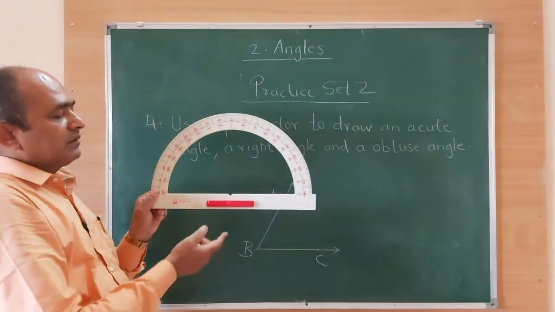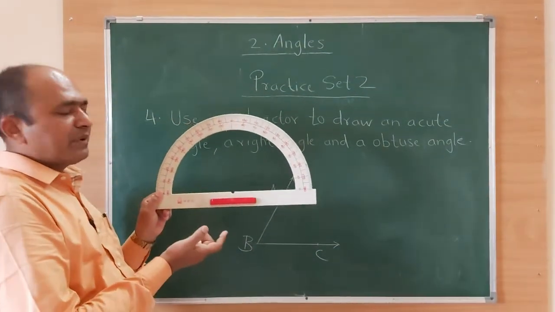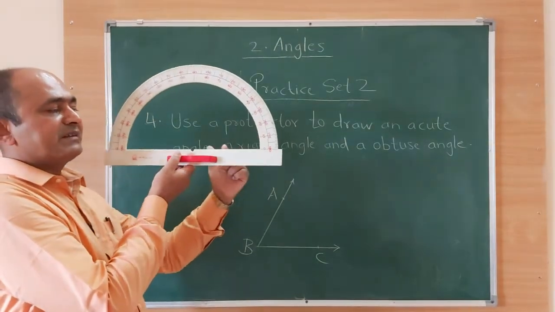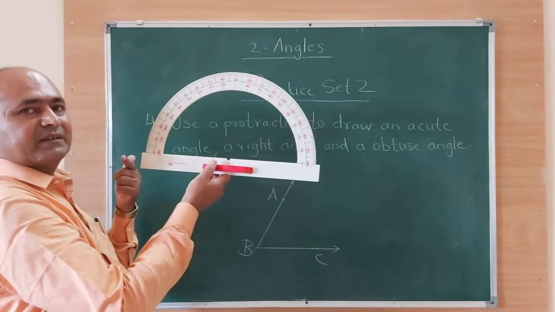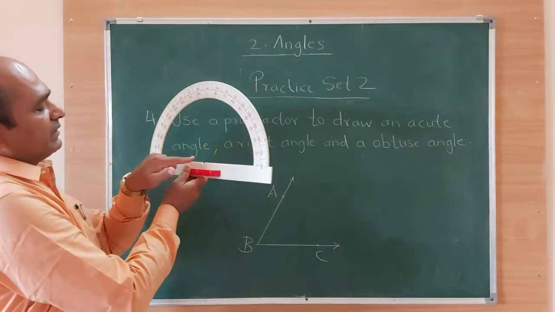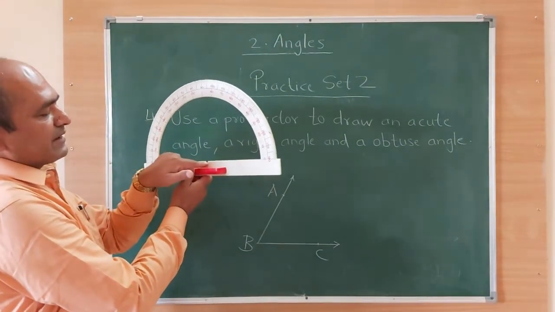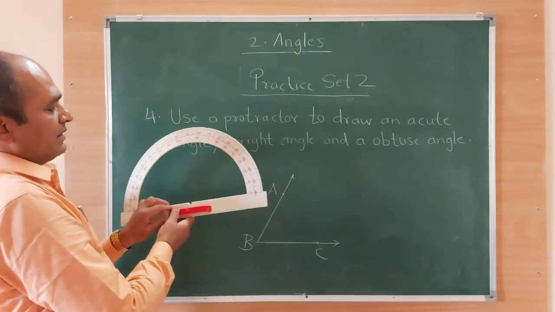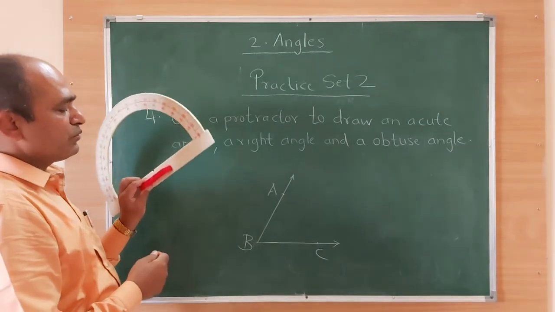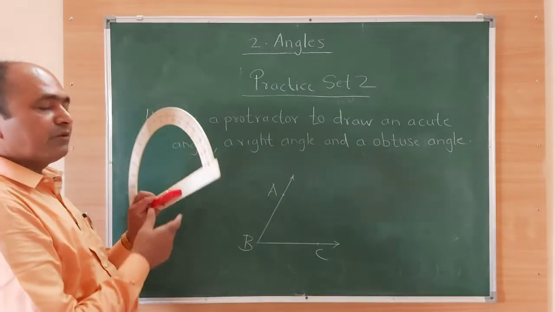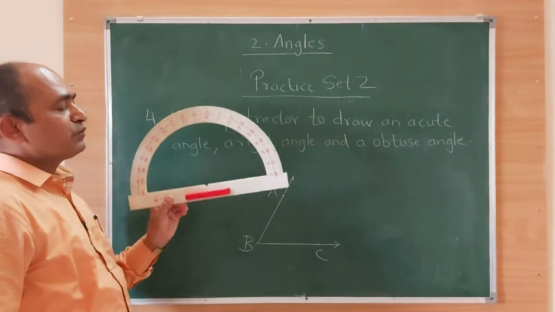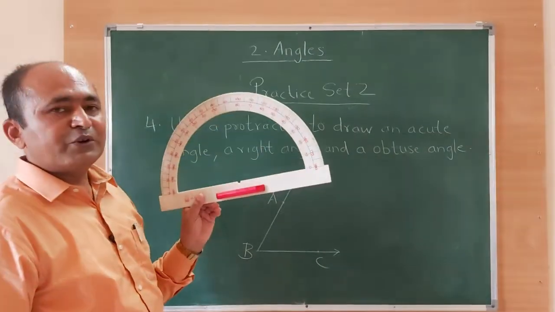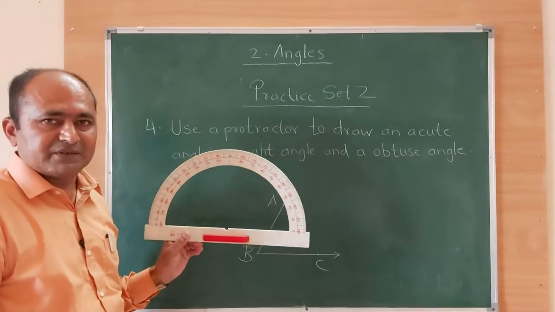The protractor in your compass box is a little different. The baseline of your protractor is just a dark black line. This groove is the center of the protractor and this is the baseline. A protractor is used to measure an angle and also to draw an angle with the given measure.